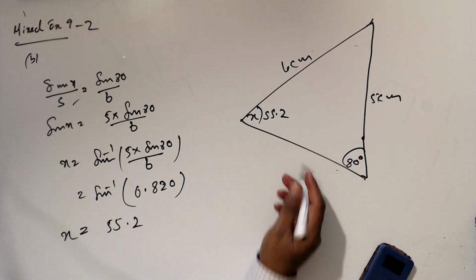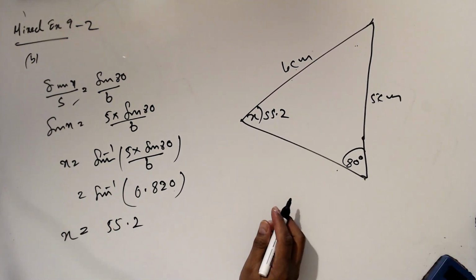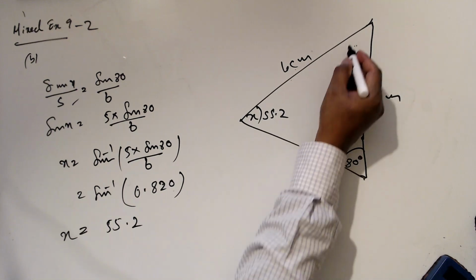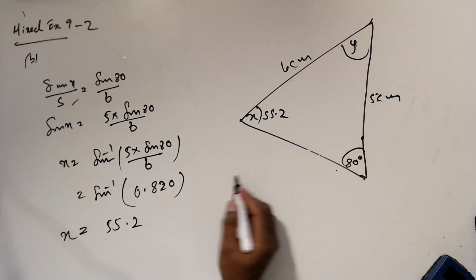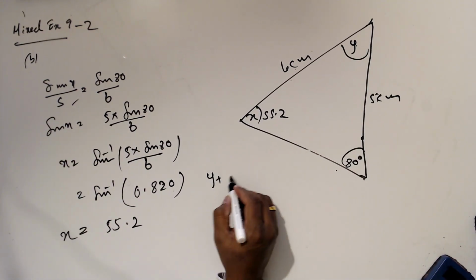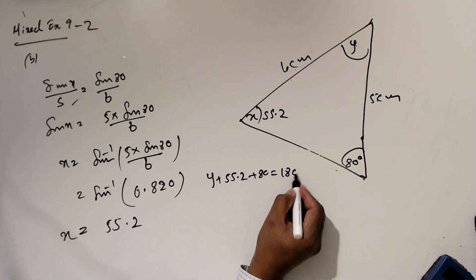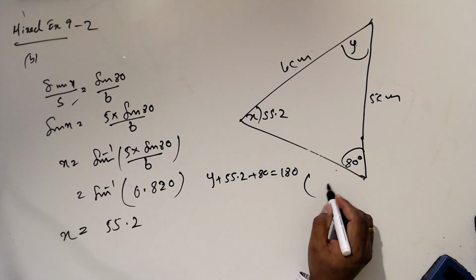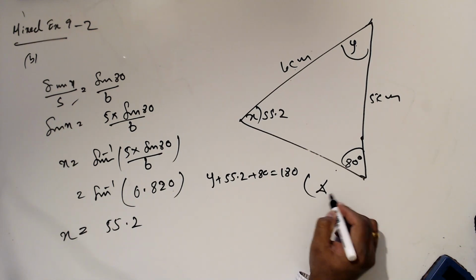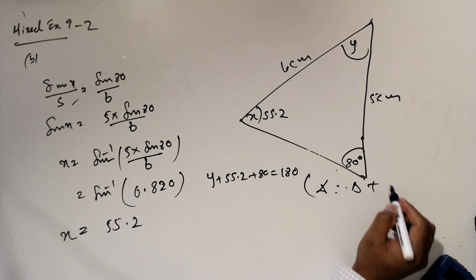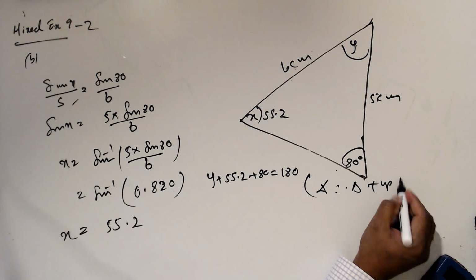And now if this is y, then y plus 55.2 plus 80 equal 180. The reason is angles in a triangle add up to 180.